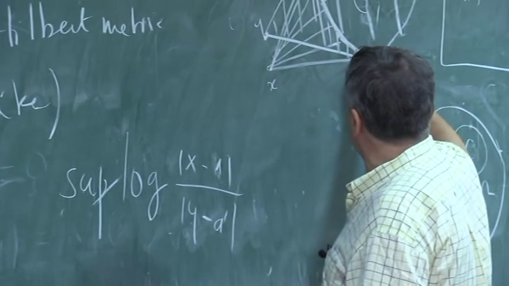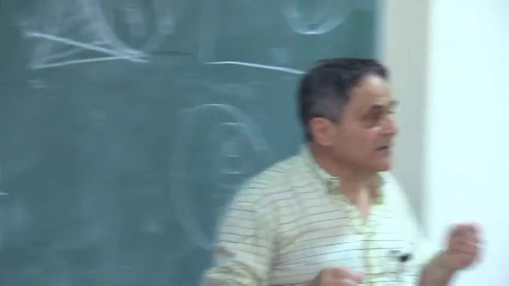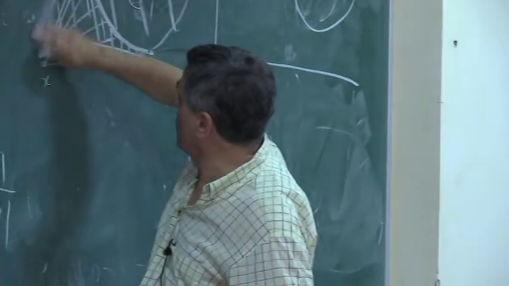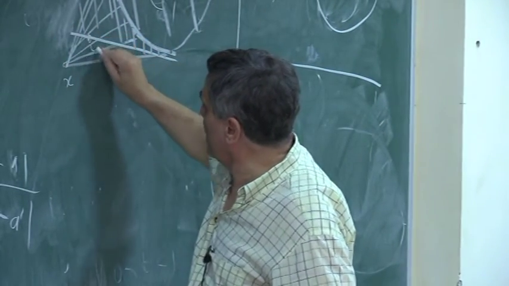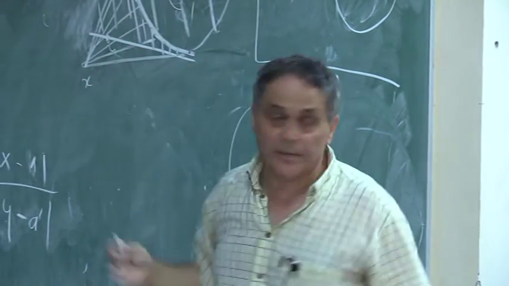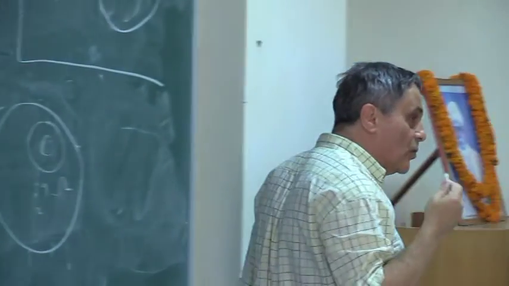You see? You have to deal with this. You have to decide whether you want. So if I take y in the visible cone from x, then the visible part seen from y contains the visible part seen from x.